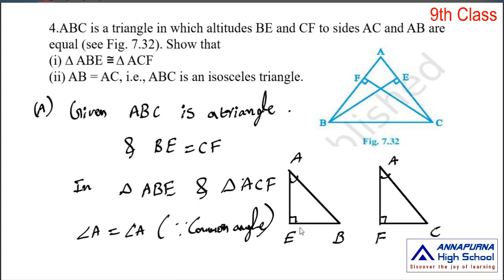Angle AEB is equal to 90 degrees and angle AFC is equal to 90 degrees. This is the given condition. See the figure.